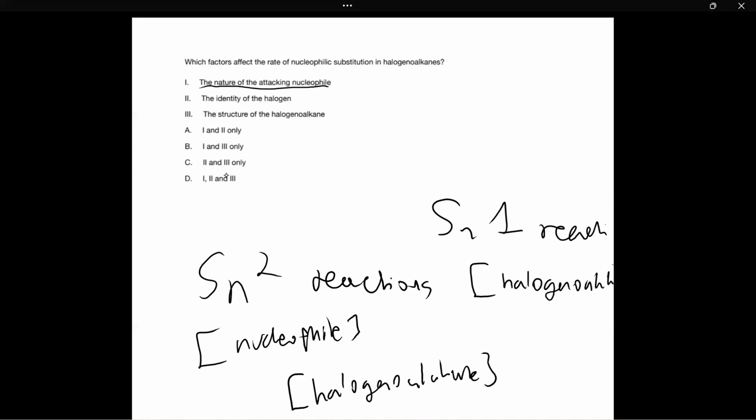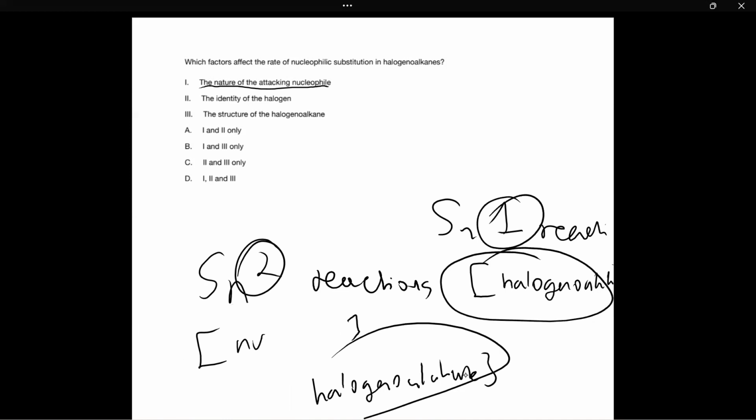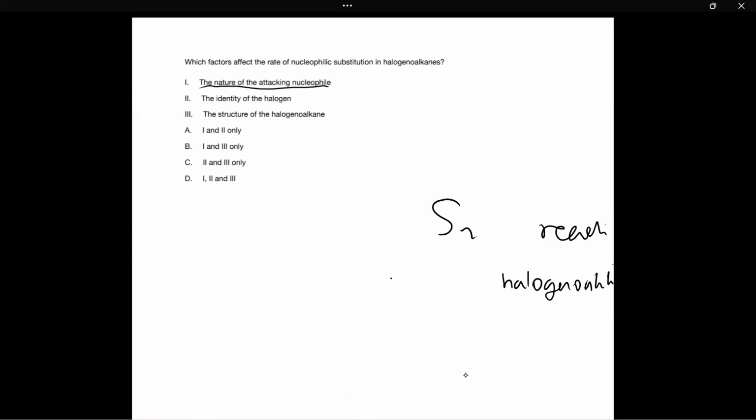So that's why it's called SN2 reaction. 2 means 2 factors which are determining the rate, whereas in SN1, only 1 factor determines the rate. Now, why does this happen? Why are SN2 reactions dependent on the nature of the attacking nucleophile?